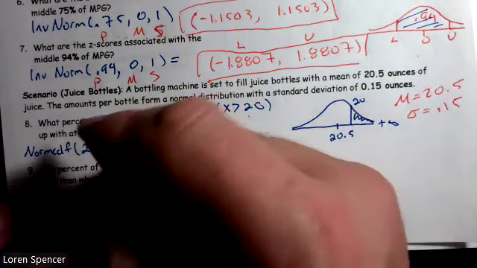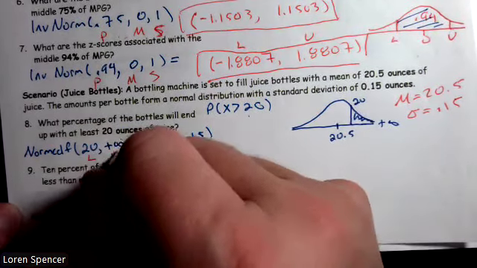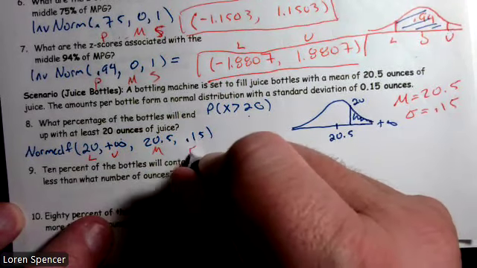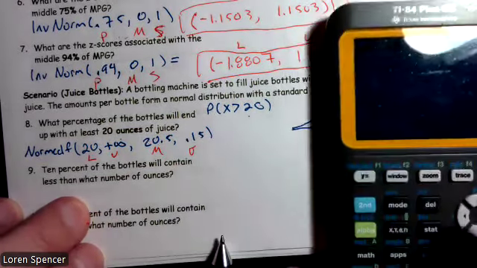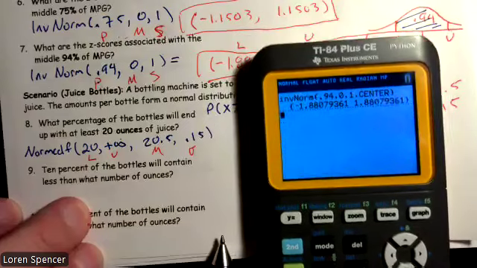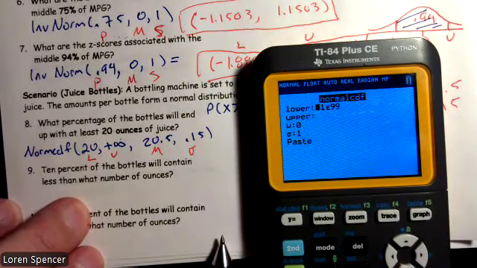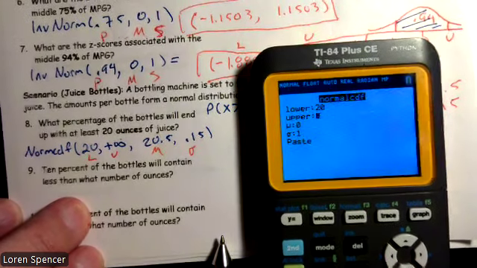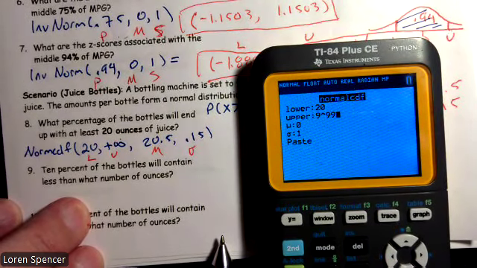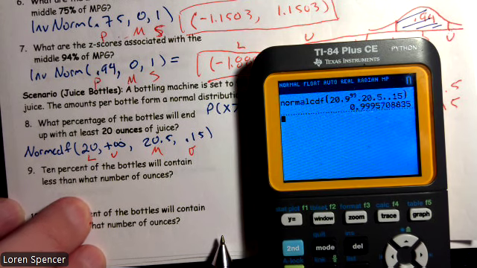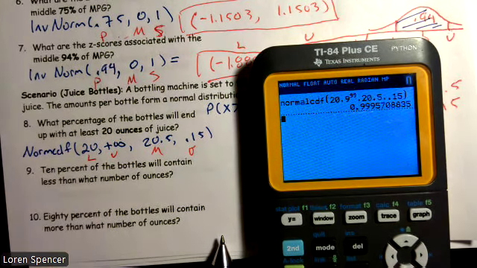That's lower, upper, mean, standard deviation. Second VARS, normal CDF, 20, 9 raised to the 99th, mean of 20.5, standard deviation of 0.15.